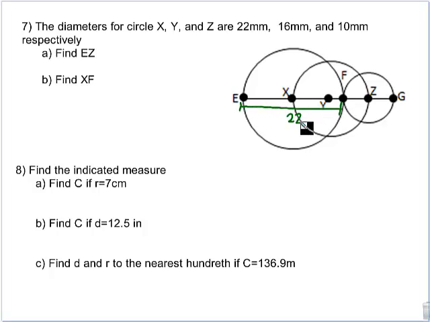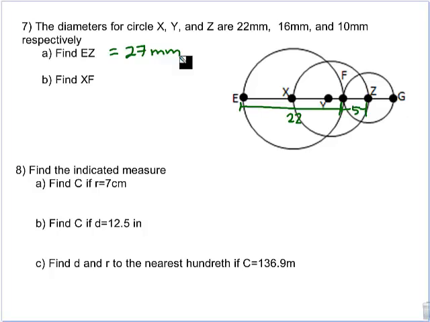I want to get from E to Z. How much more would I have to go to get to Z? What do I need to know? The radius of circle Z. Circle Z has a diameter of 10, so what's the radius? 5. So from E to Z would be 27 millimeters.